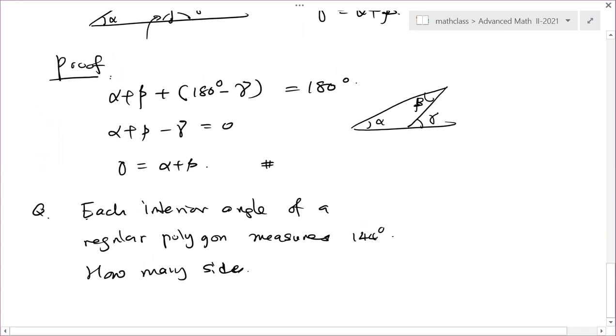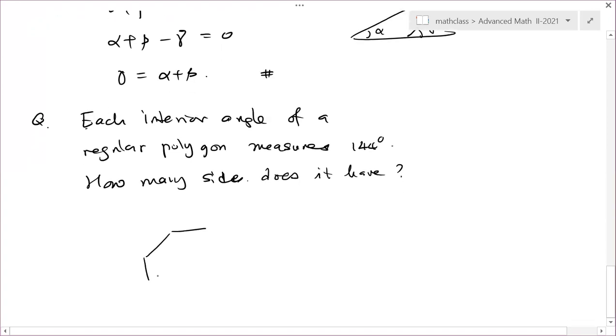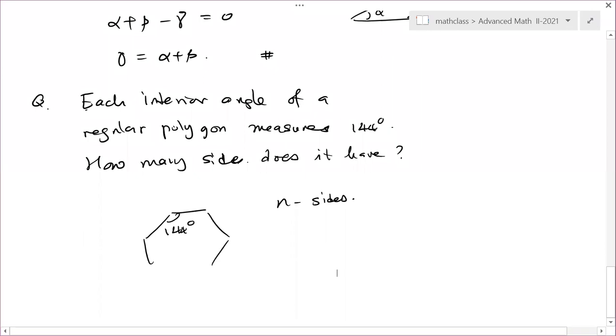All right, now, we don't know how many sides the polygon has. So let's say it has n sides. Each interior angle is 144 degrees. If it has n sides, that means it has n angles, right?